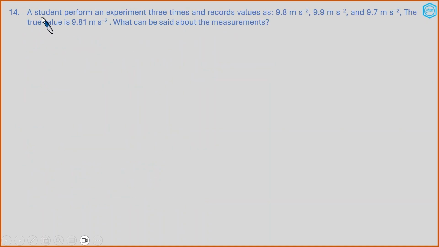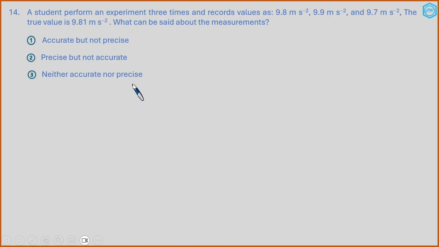Question number 14. A student performs an experiment 3 times and records values as 9.8 meter per second square, 9.9 meter per second square, 9.7 meter per second square. The true value is 9.81 meter per second square. What can be said about the measurements? 1. Accurate but not precise, precise but not accurate, neither accurate nor precise, both accurate and precise.